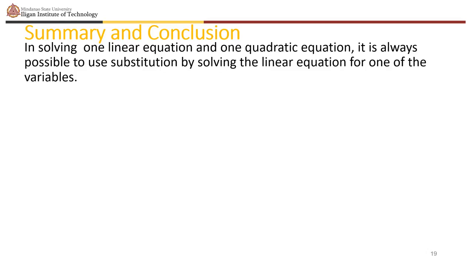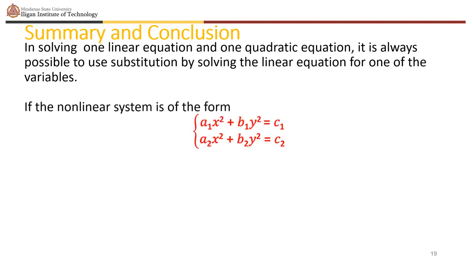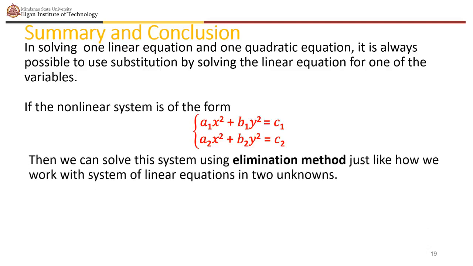Now, if the nonlinear system is of the following form, that is a sub 1 x squared plus b sub 1 y squared equal to c sub 1, a sub 2 x squared plus b sub 2 y squared is equal to c sub 2, then we can solve this system using the elimination method, just like how we work with systems of linear equations in two unknowns.